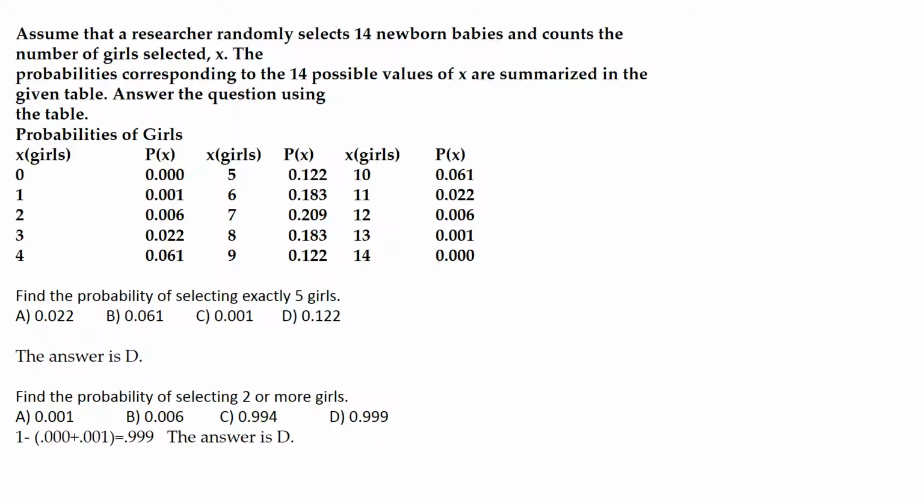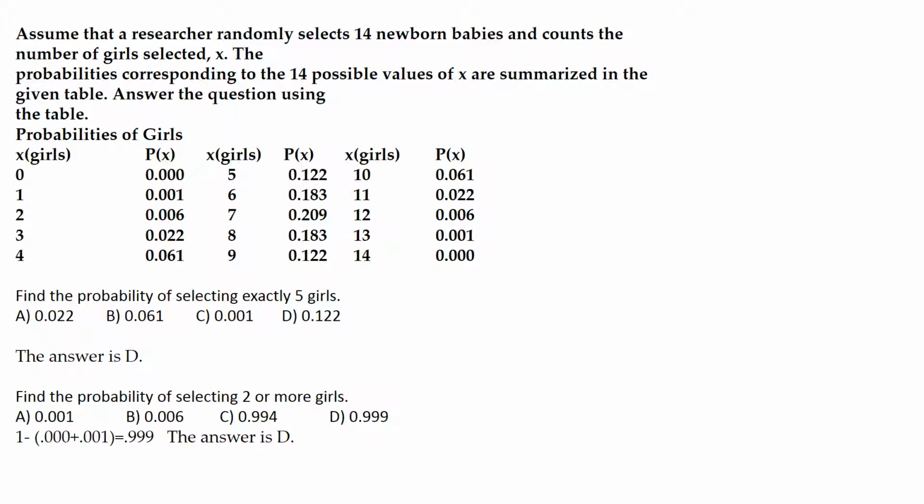Question 9. Assume that a researcher randomly selected 14 newborn babies and counts the number of girls selected. The probabilities corresponding to the 14 possible values of x are summarized in the given table. Answer the questions using the table. Find the probability of selecting exactly 5 girls.